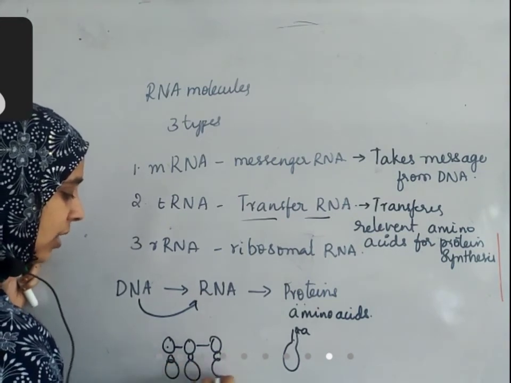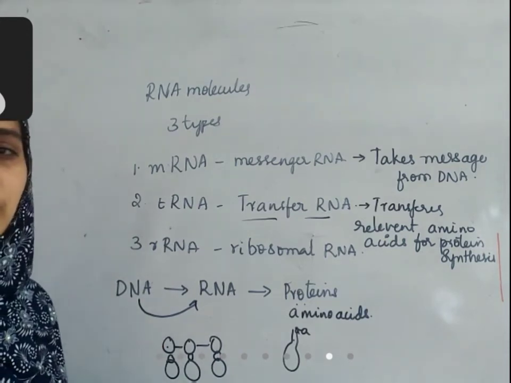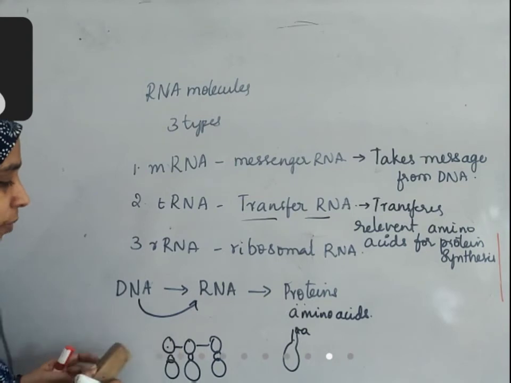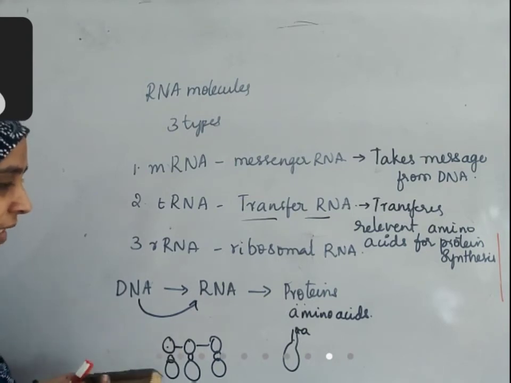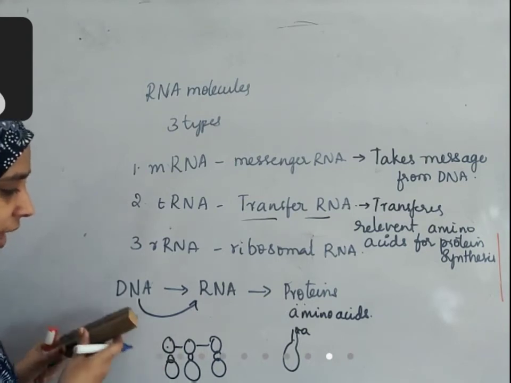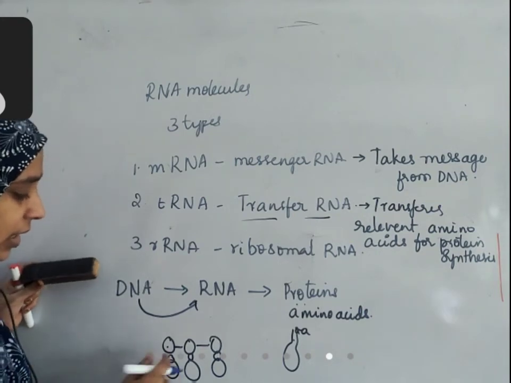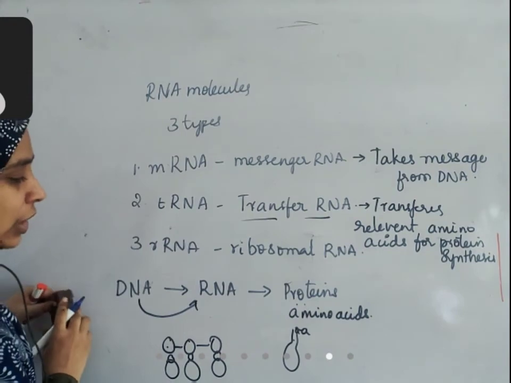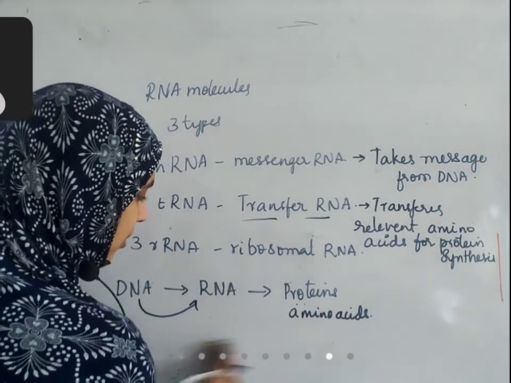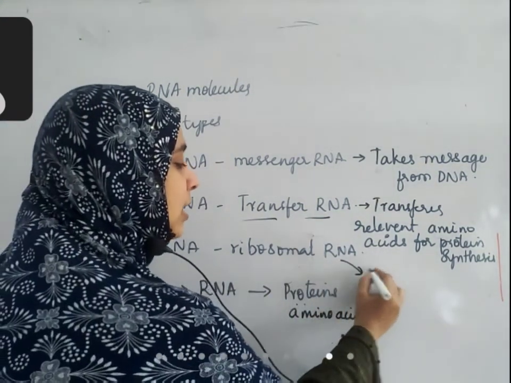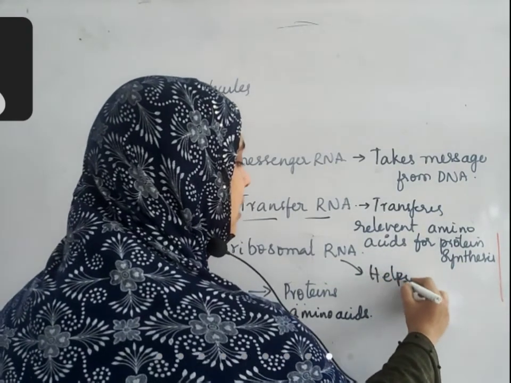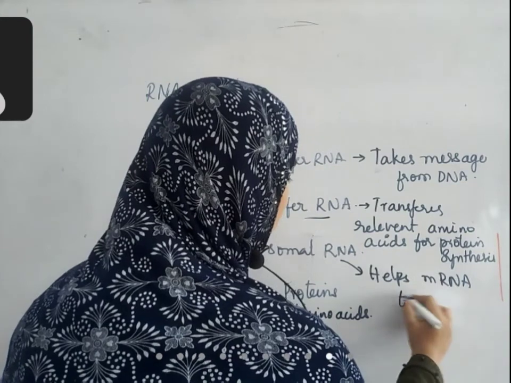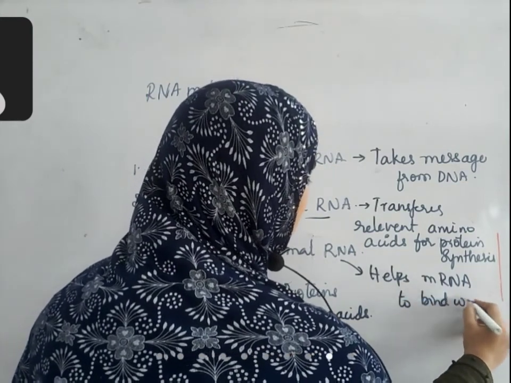Ribosomes are made up of two subunits. Ribosomes are ribosomal RNA, same thing. So this ribosomal RNA helps in binding this mRNA and tRNA. Then only protein synthesis can occur. So ribosomal RNA helps mRNA to bind with tRNA.